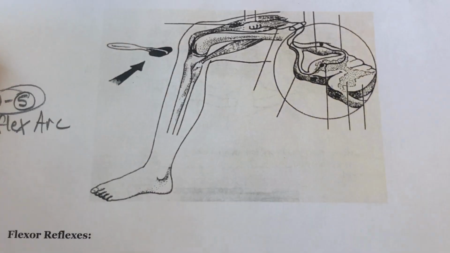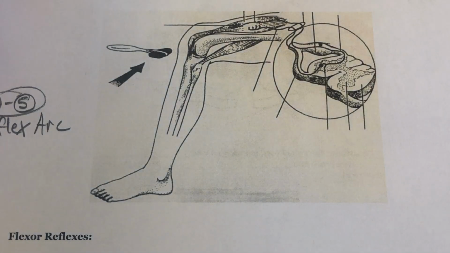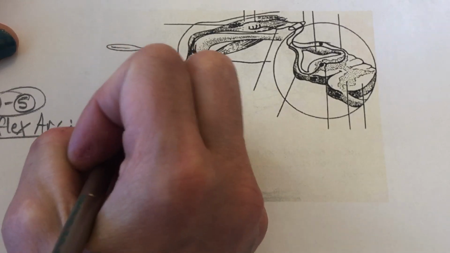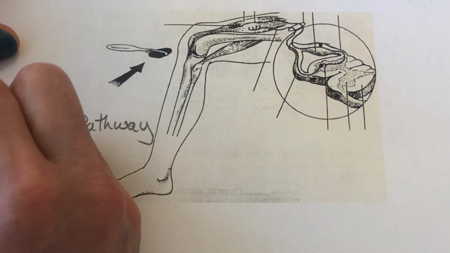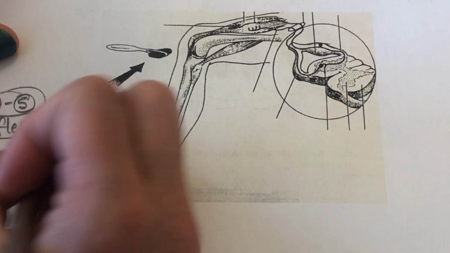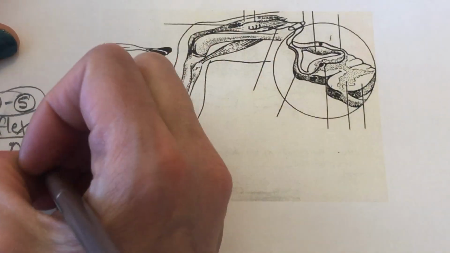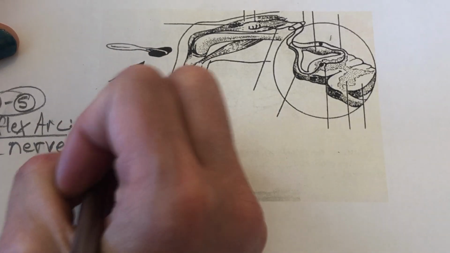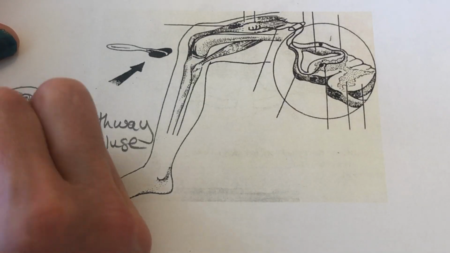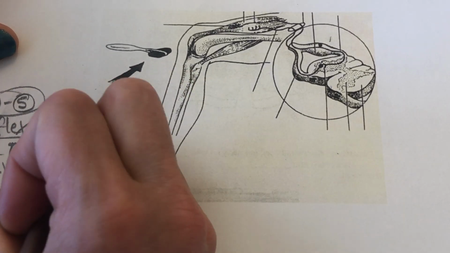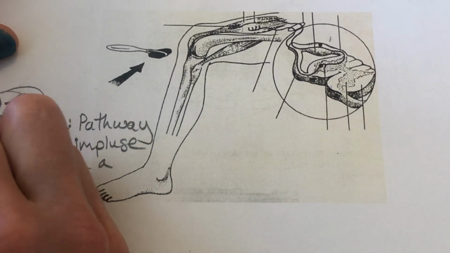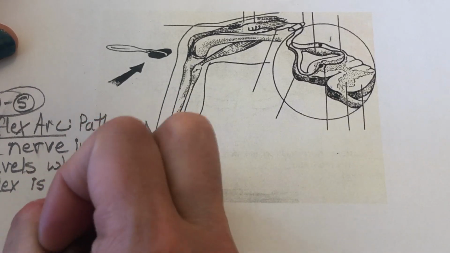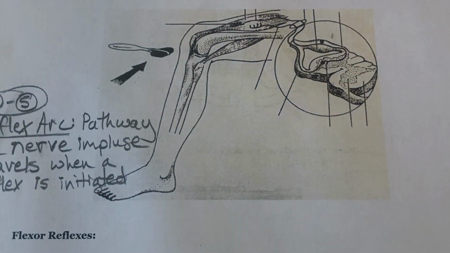That is the pathway that a nerve impulse travels when a reflex is initiated. Okay, so now we know what a reflex arc is. We got it in our notes.